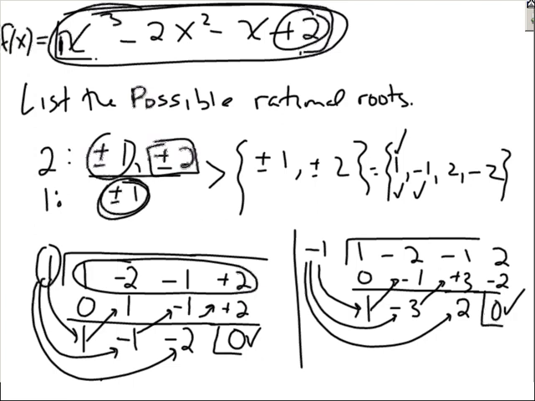Now, complex numbers, non-rational roots, come in pairs. Well, there's only 3 possible zeros. There's 3 zeros, and we found 2 of them. And they weren't non-rational. There cannot be one non-rational root.